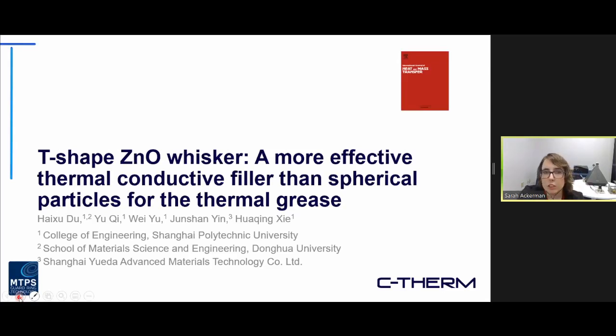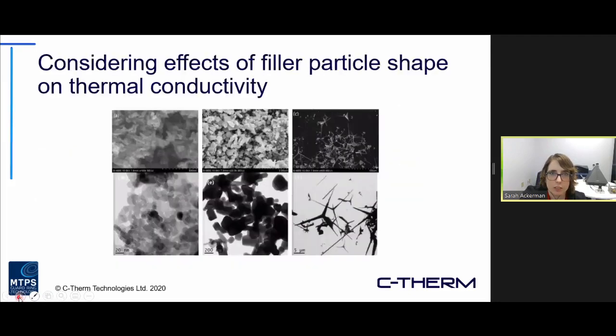So just to highlight some data on a thermal grease, this is some research taken from the International Journal of Heat and Mass Transfer, from some groups out of China, looking specifically at studying shape function or shape factor of filler particles on the performance of thermal greases.